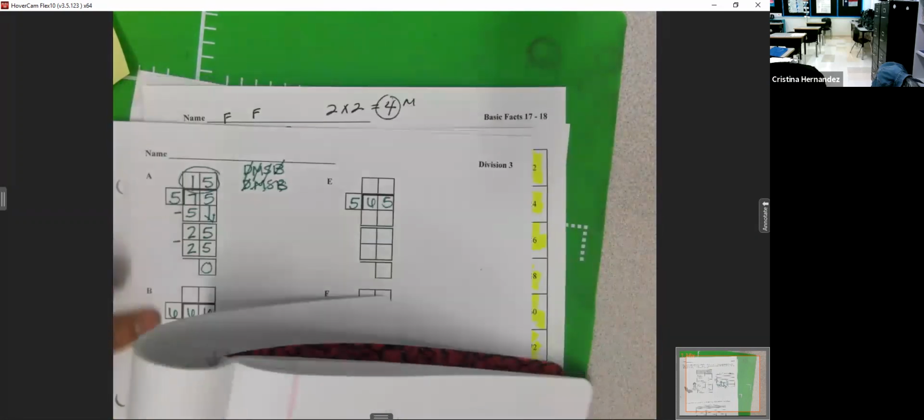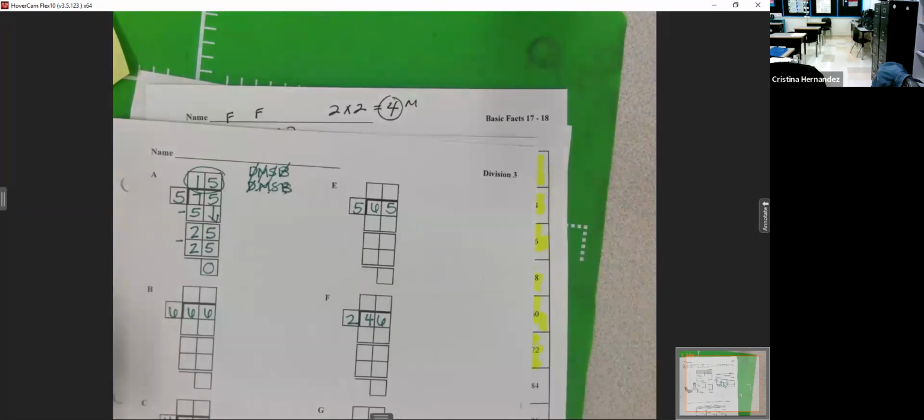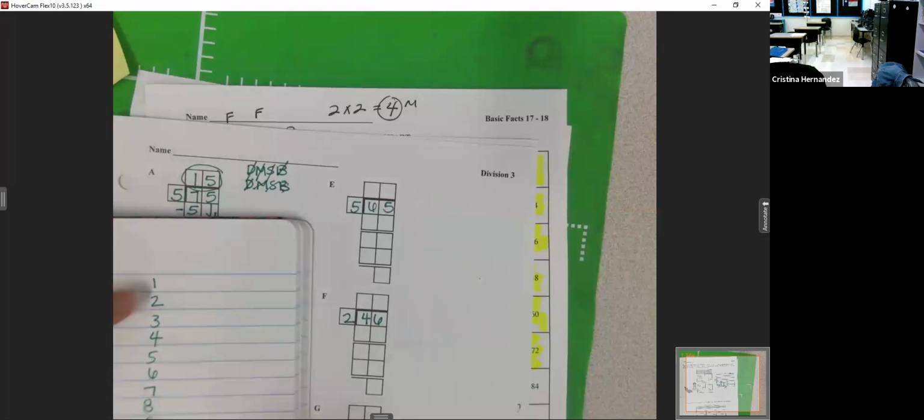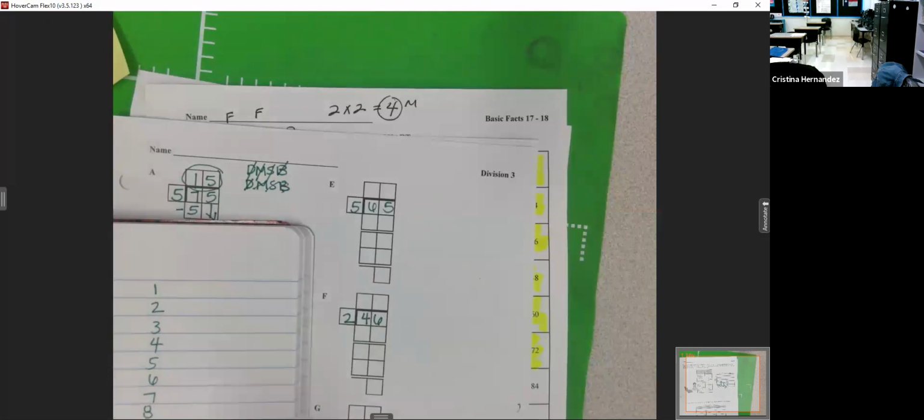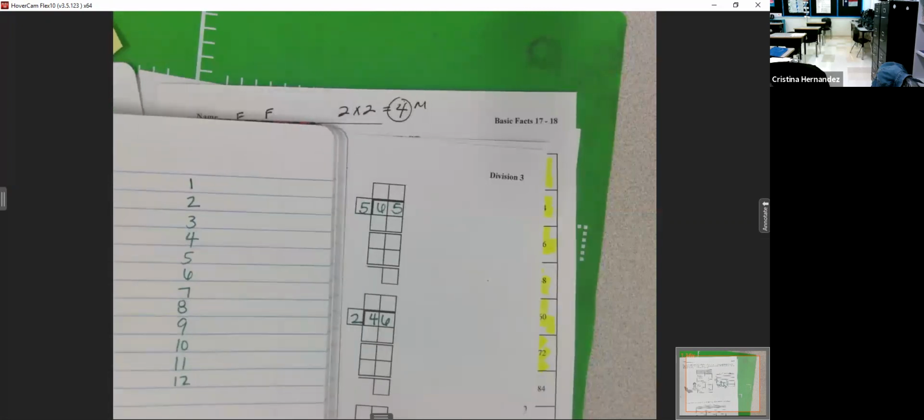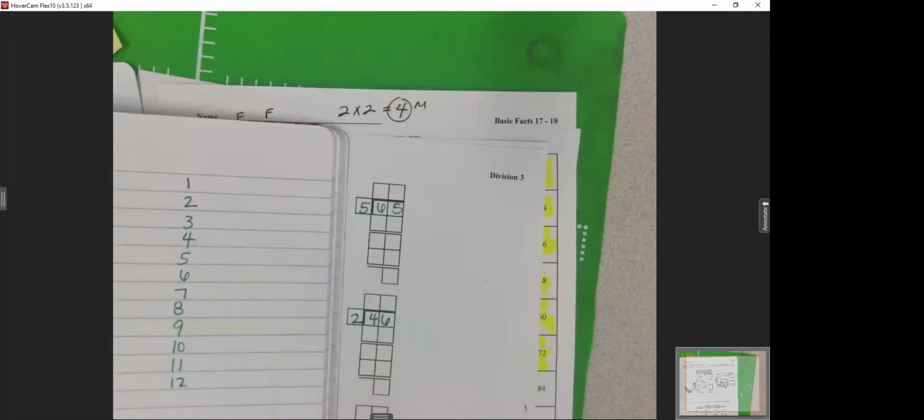So now I have to write my factors or my multiples of 6. I won't make y'all write them, but I'll write them. Let's write our factors of 6. So 1 times 6 is what? 6.